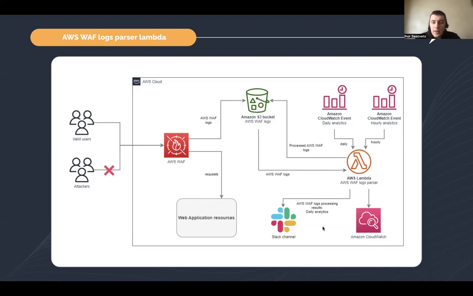Then we have integration with Slack, as I already mentioned, and the execution logs are stored in Amazon CloudWatch. So we can use them for debugging our AWS Lambda and react to situations when something went wrong and we should investigate and fix it.